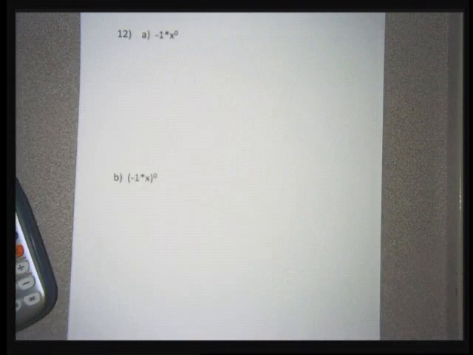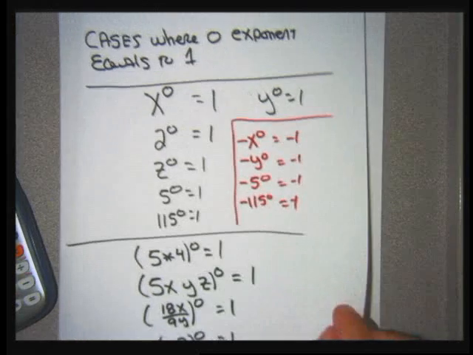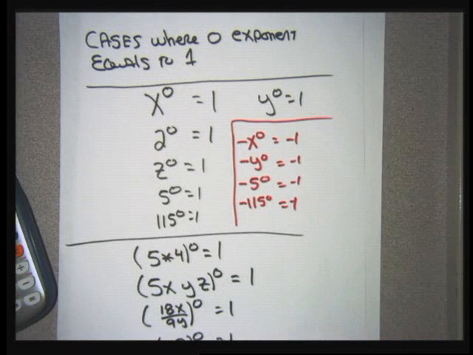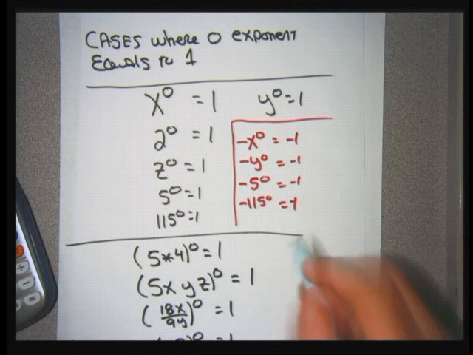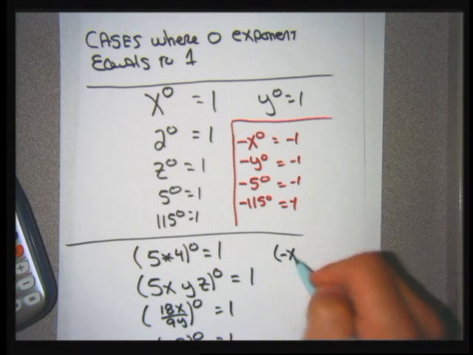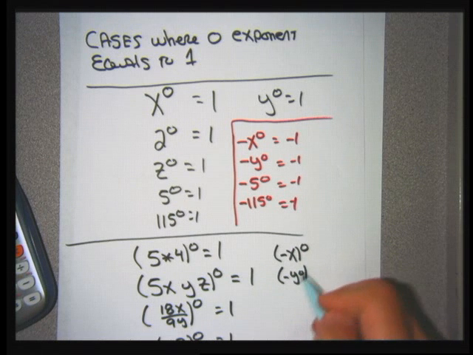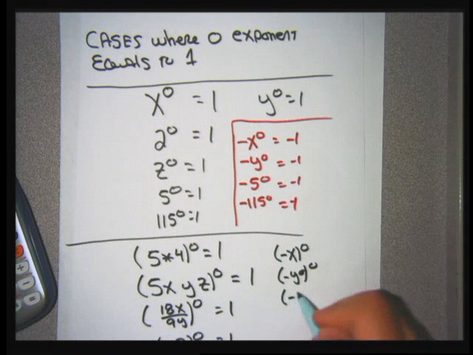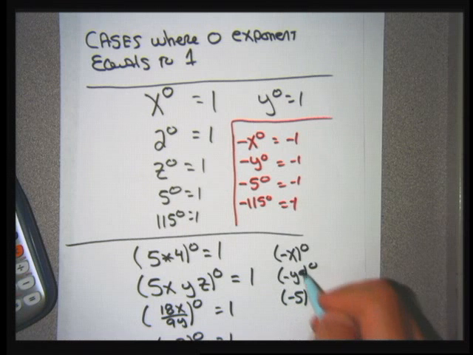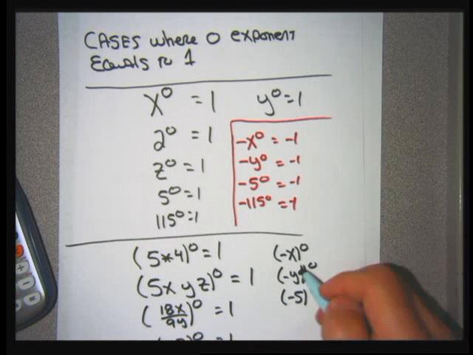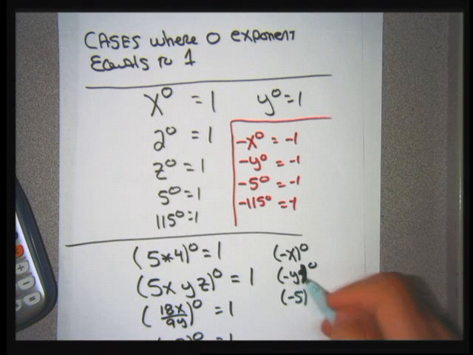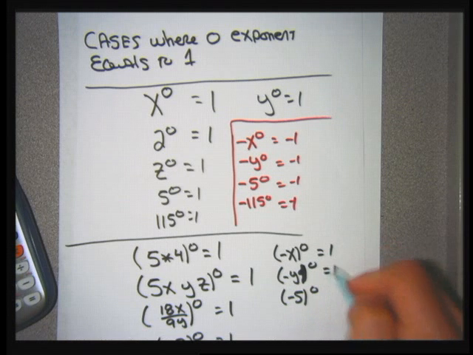But negative numbers or negative letters without the parentheses aren't going to equal 1. So if I had just changed those problems, like -x to the 0, or -y to the 0, or -5 to the 0, once I toss a parentheses and encapsulate that negative inside a parentheses, then I get 1.